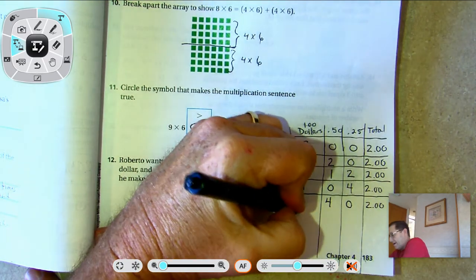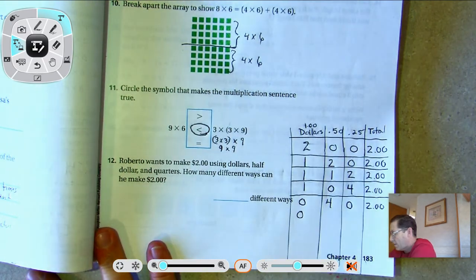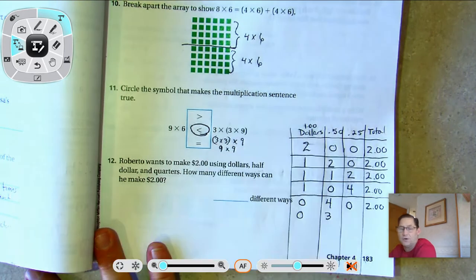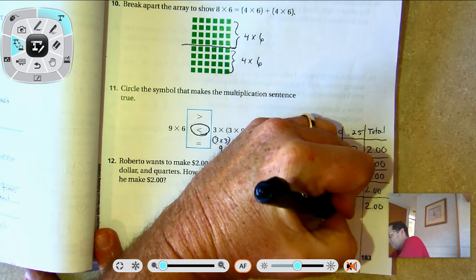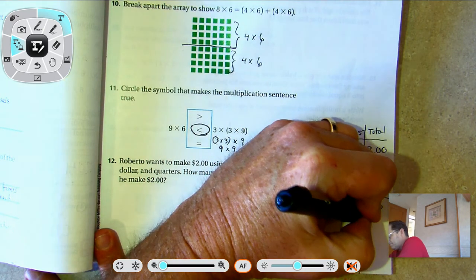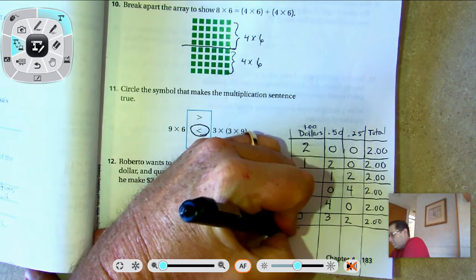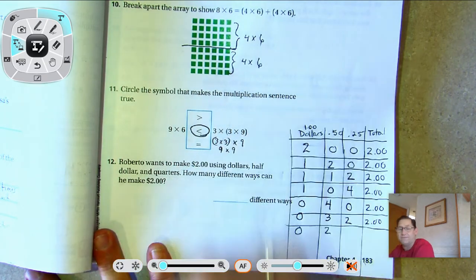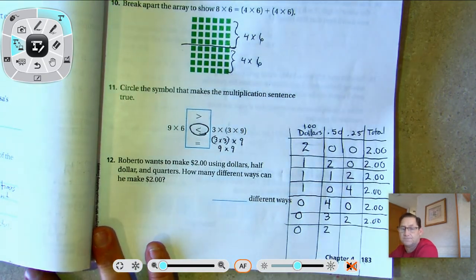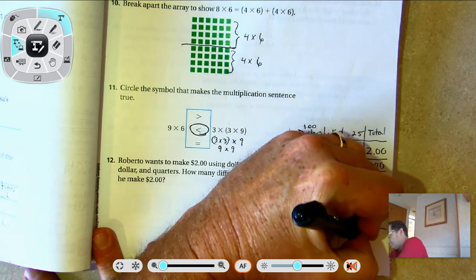Okay, we could have 3 half dollars. That would be $1.50. And we would have 2 quarters. We could have 2 half dollars. That would be $1, and we'd have to have 4 quarters.